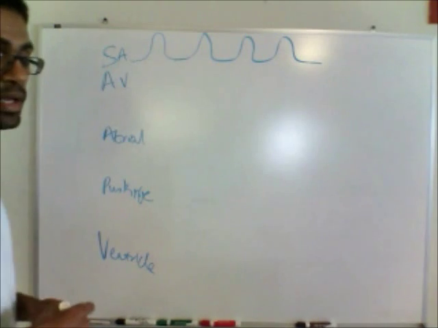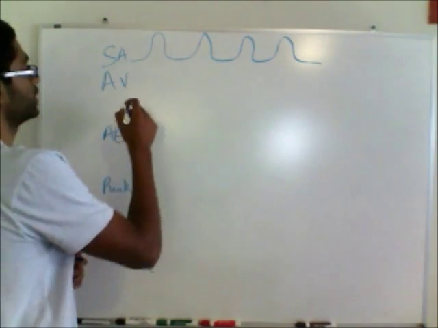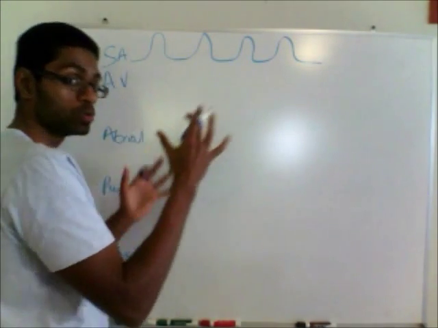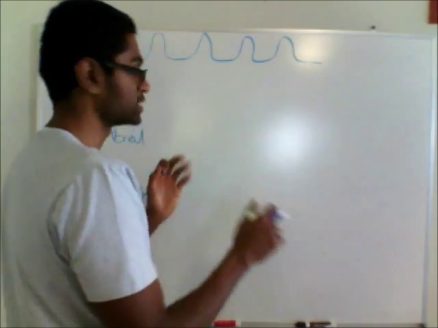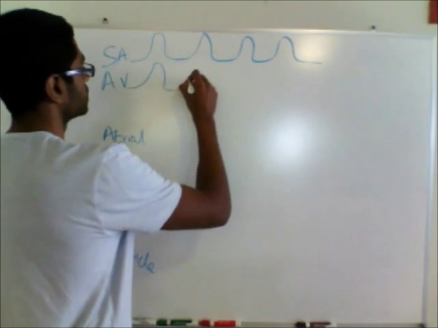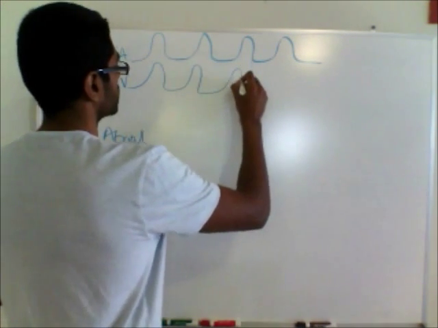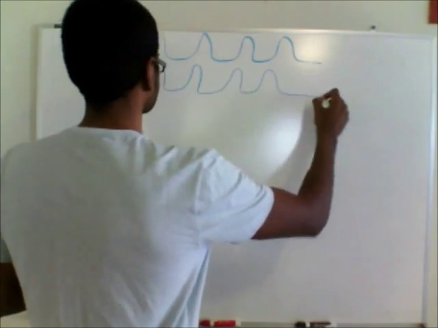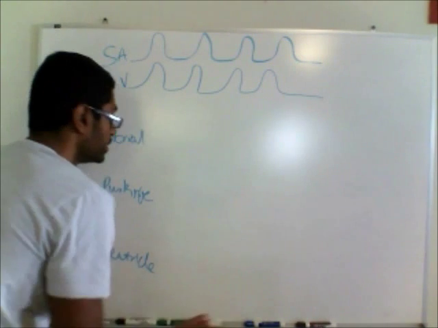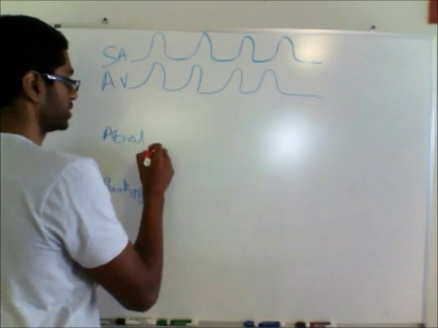Now, the AV node is very similar, okay? Remember, it holds the charges and then it lets go. It's holding, boom, it's holding. Now, what's different in the atrial cell is there is no gradual creeping up.